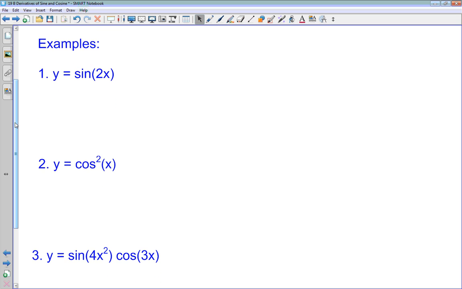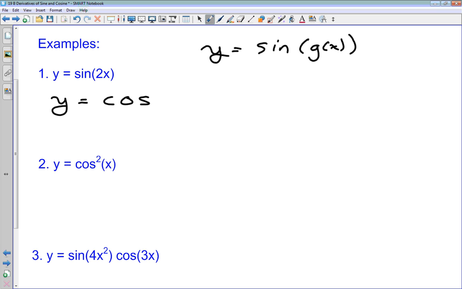Our first one here is y equals sine of 2x. In this case, we are going to have to use the chain rule. We have a function that is y equals sine of some other function of x, g of x. How can we apply the chain rule to take our derivative here? Well, our outermost function is the sine function, so we first want the derivative of sine, which is the cosine function.